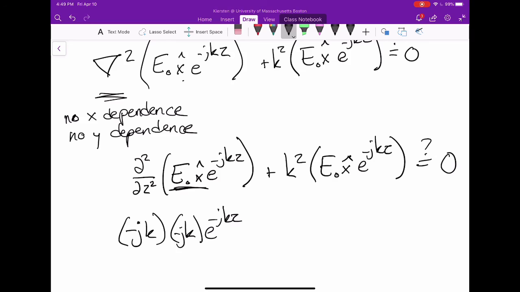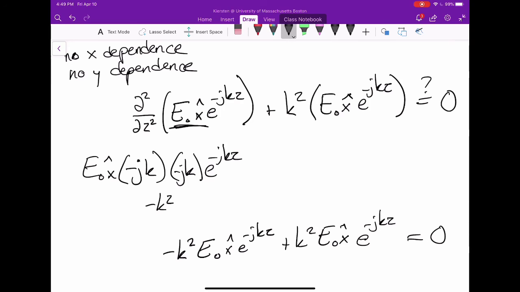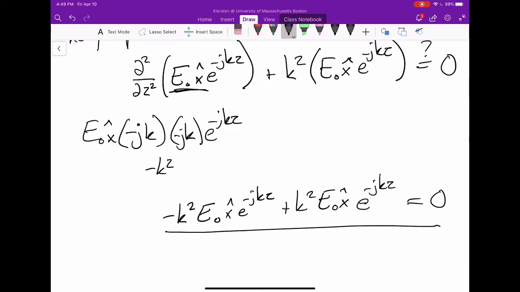And this vector component and the amplitude stay the same out in front. So minus jk times minus jk turns into minus k squared. So the whole thing works out to be minus k squared e naught x hat e to the minus jkz plus k squared e naught x hat e to the minus jkz. That does in fact equal 0. So yes, that is a solution to the wave equation. Plane waves are real waves.